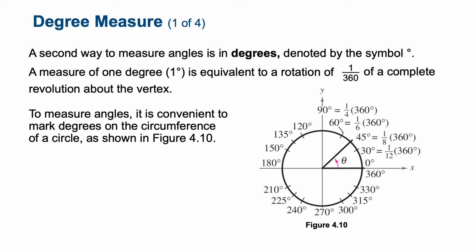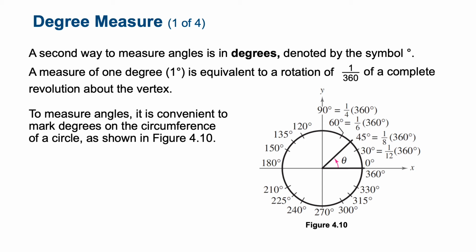Going from the positive x-axis, if I go all the way around, that's 360 degrees. If I was to cut this all up into 360 equivalent pieces, then one of them would be equivalent to 1 degree.